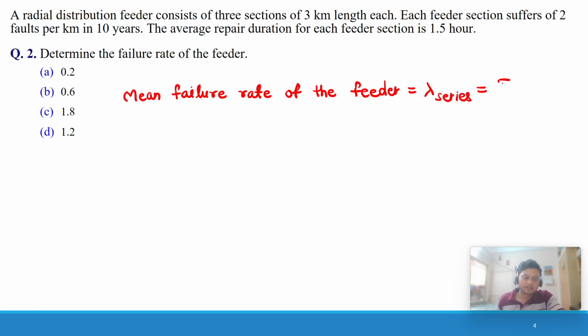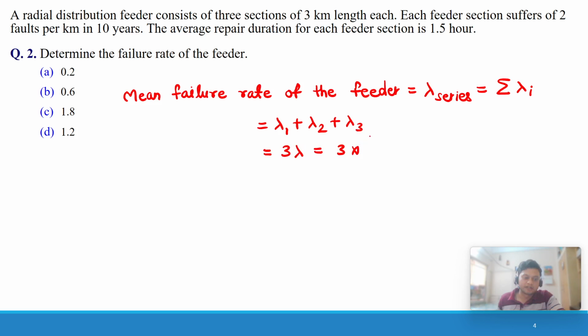This is the summation of all the individual components, sigma lambda i. So this will be lambda 1 plus lambda 2 plus lambda 3. Since all three have an identical failure rate, it is 3 lambda.